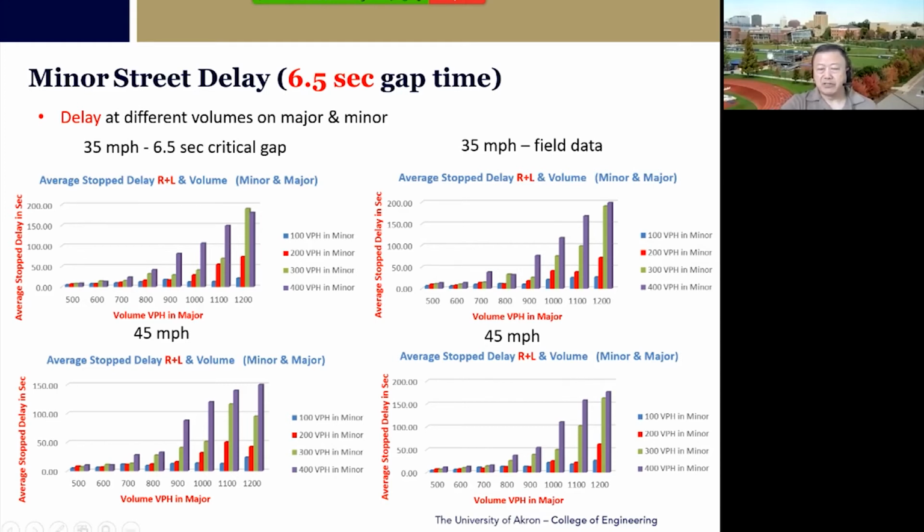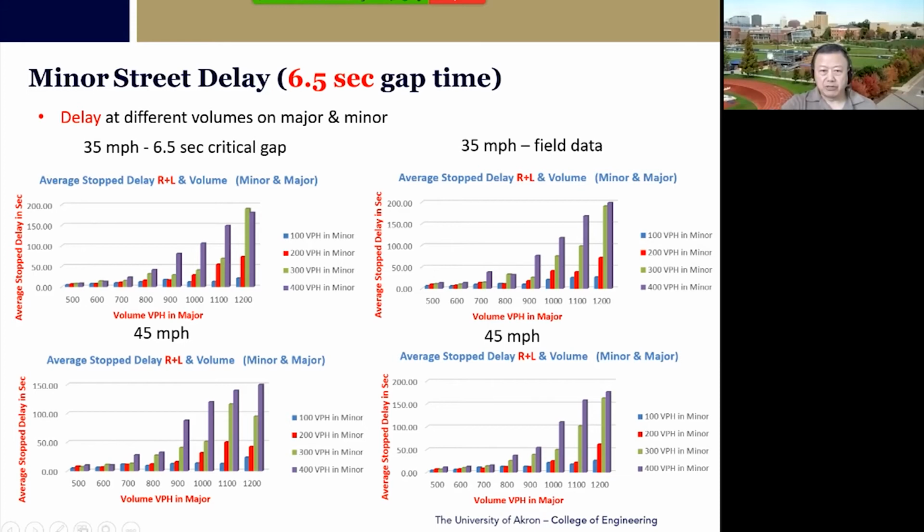And then compare with the field database. The field database, in other words, is like natural, is what happened nowadays, currently, because drivers select even shorter gaps.